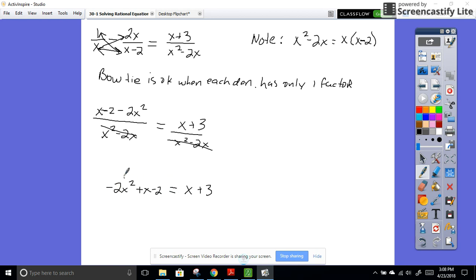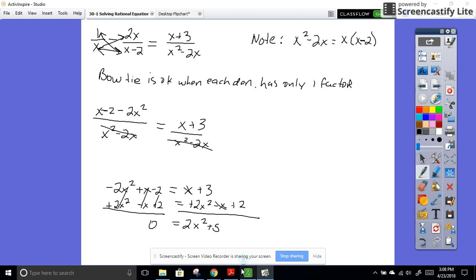So I don't like the fact that it's negative, so I'm going to add 2x squared minus x plus 2. So this side all becomes 0. I added 2x squared, I subtracted an x, and I added a 2. So this side becomes 2x squared. My x's add to 0, and that ends up giving me 5.